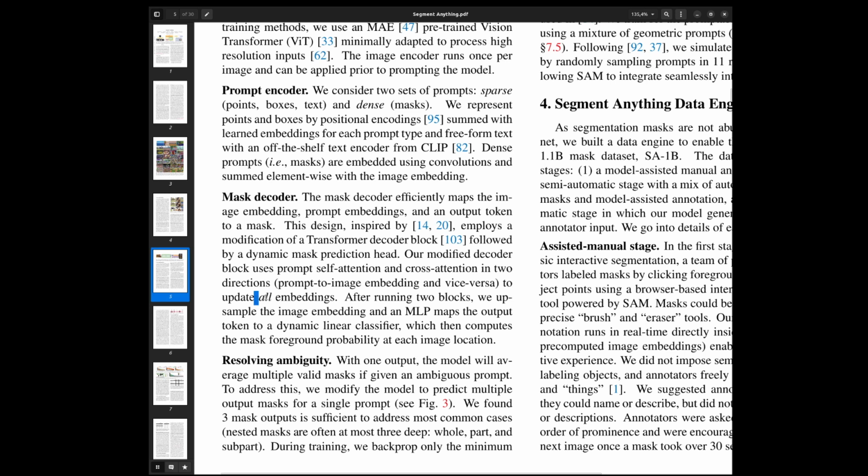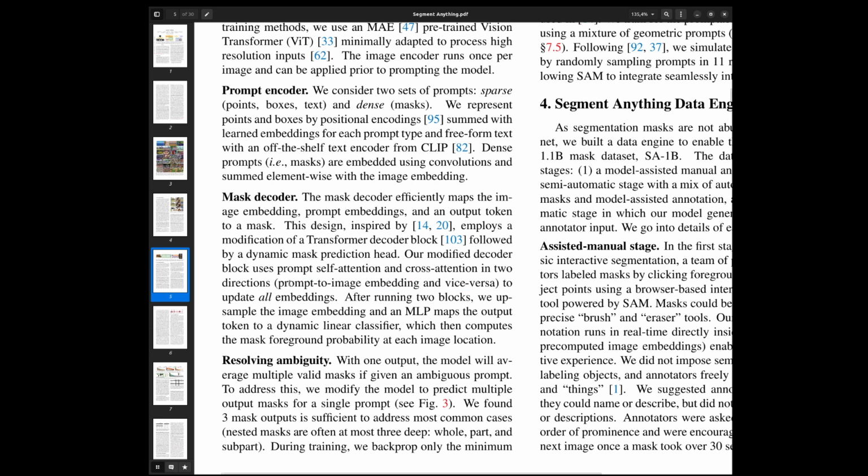I think they just mean that you have some embeddings at the input, you cross attend in one direction and the other direction, and then you have some result, and this is what you will use later on. I'm kind of wondering about the vice versa.